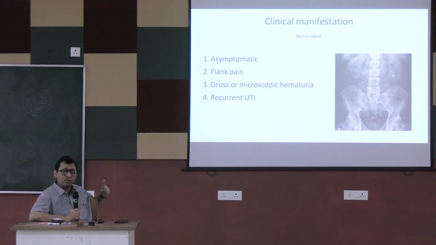These asymptomatic stones are mostly magnesium phosphate stones, struvite stones. They normally do not come as acute pain. So we normally treat the patient for urinary tract infection, because it is very commonly associated with urinary tract infection.